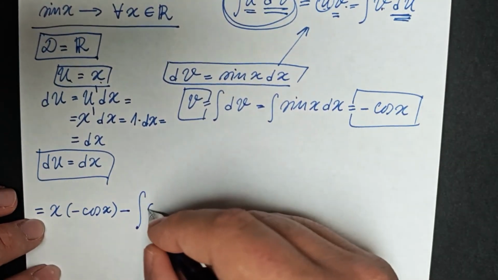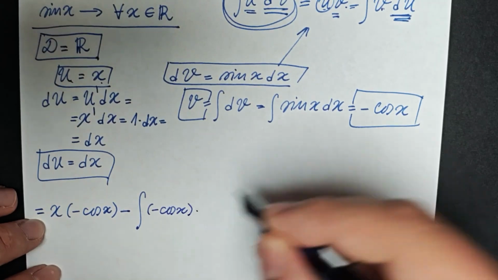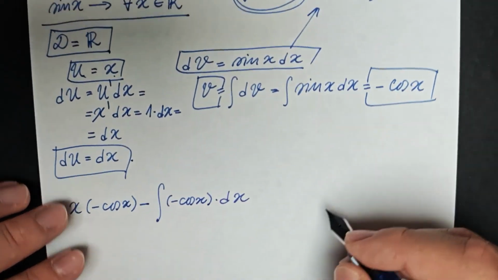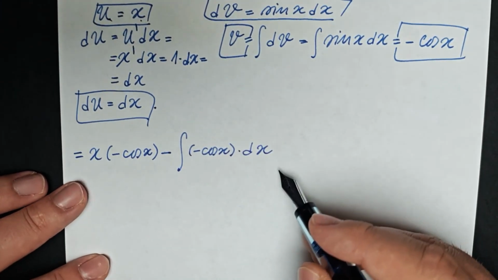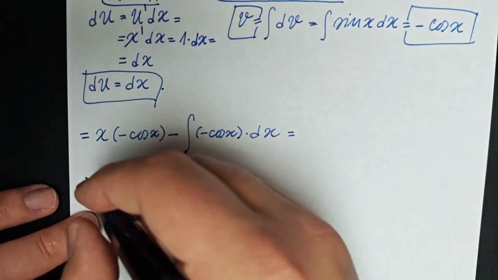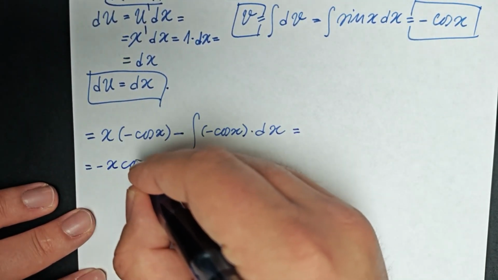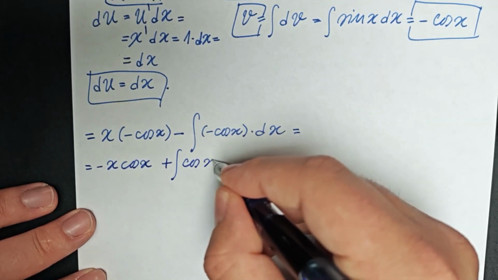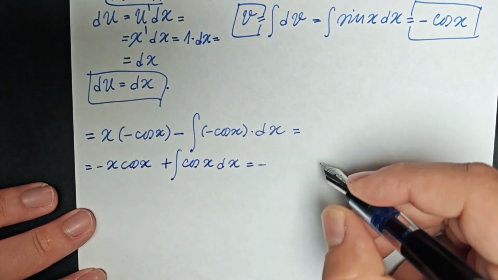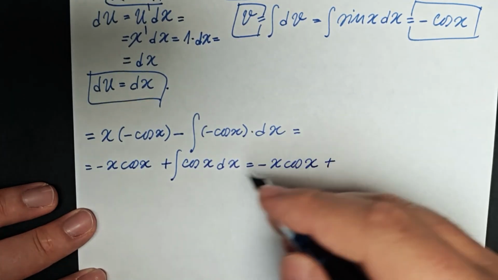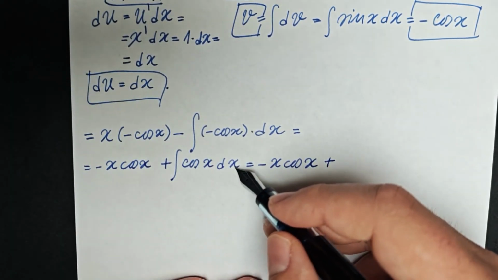V is negative cosine of x multiplied by du, which is just dx. And now we have to solve this, and that will be the solution of our integral. So this is equal to negative x cosine of x plus an integral of cosine of x dx.